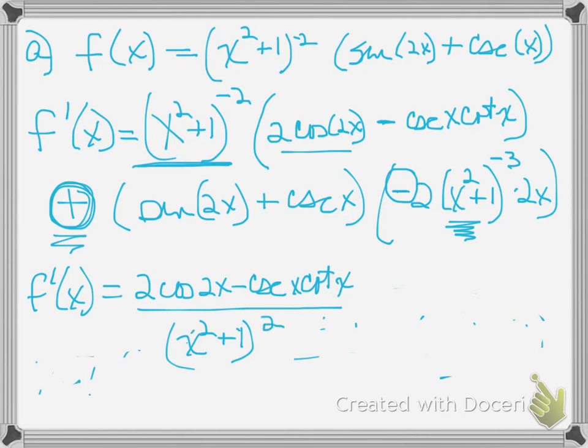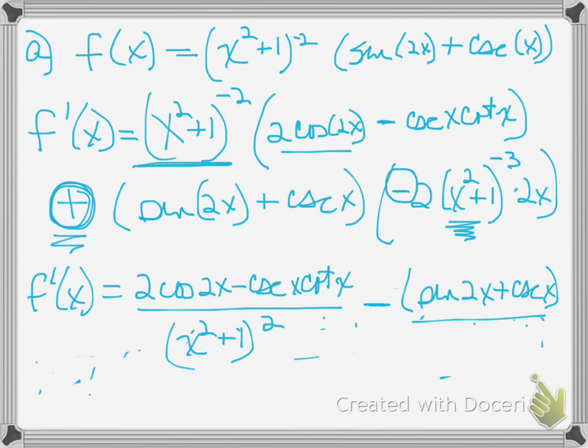Okay, and then it's going to be minus, because of that minus in front of the second term, and I'm going to use parentheses, sine 2x plus cosecant x. Okay, so we're going to do it this way.